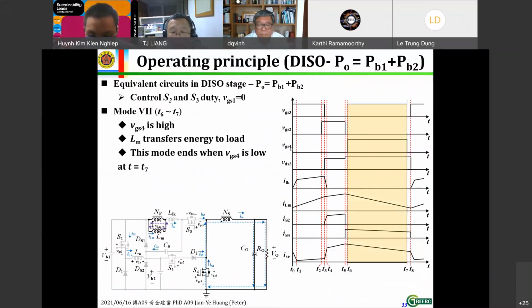Just one comment: actually we can replace S4 with a diode, but the reason we use a switch is that it functions as a synchronous rectifier to improve the system efficiency. So S4 is not mainly for switching. It's mainly for synchronous rectification to improve the system efficiency.